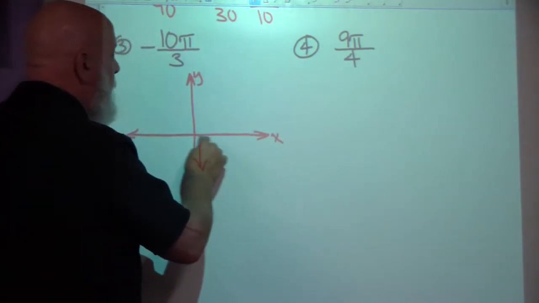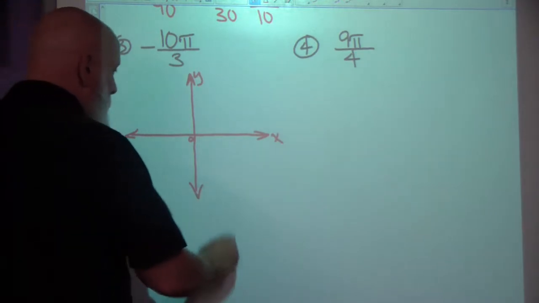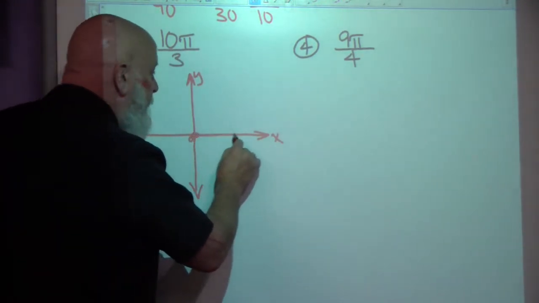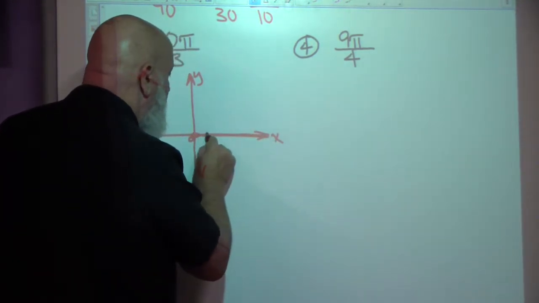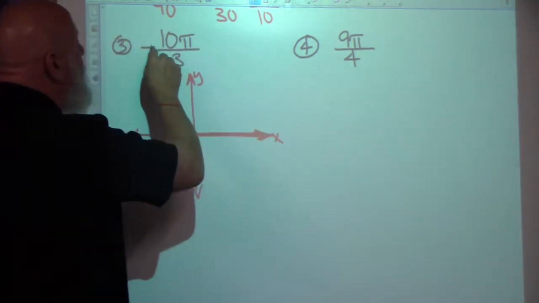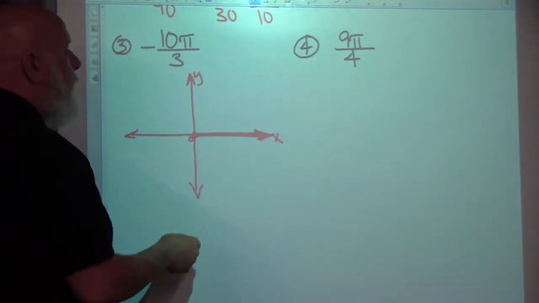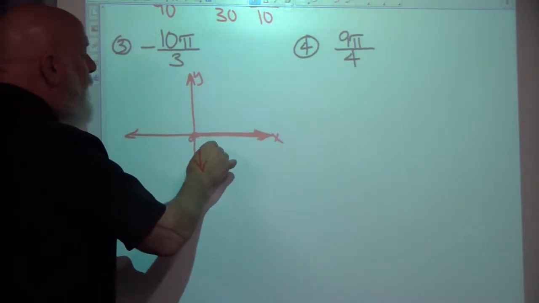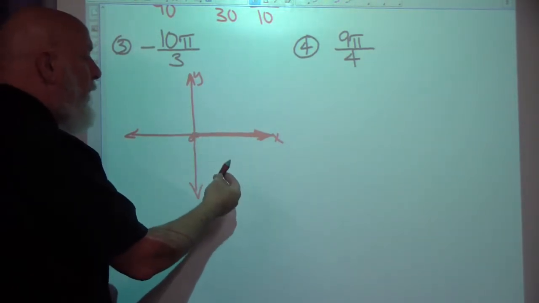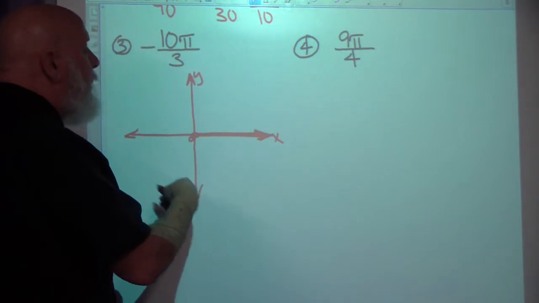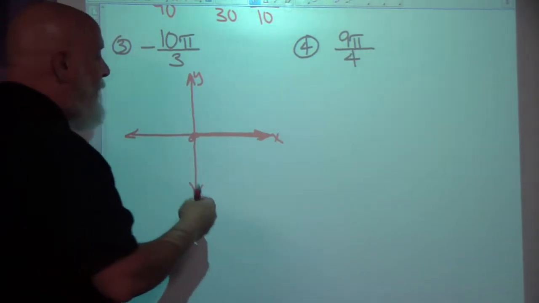There's my y-axis, x-axis, origin. My initial side is going to be the positive x-axis right there. And I want to rotate in a negative direction 10 pi over 3. Well, remember that pi radians is 180 degrees. 2 pi radians is 360 degrees.